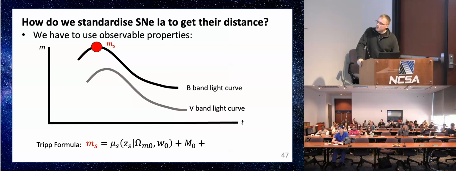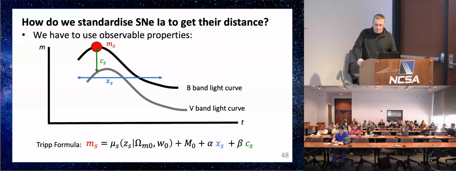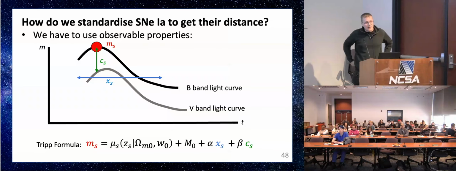And you say that the peak apparent magnitude in B-band is equal to the distance modulus, which itself is a function of redshift conditional on cosmology, plus a zero-point absolute magnitude. And then you've got some correction terms here where we notice that longer-lasting supernovae are brighter, which is captured by this alpha term, and the bluer supernovae we find are also brighter, which is captured by the beta term.